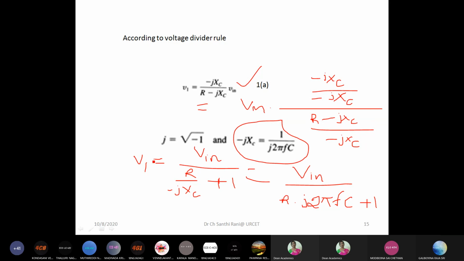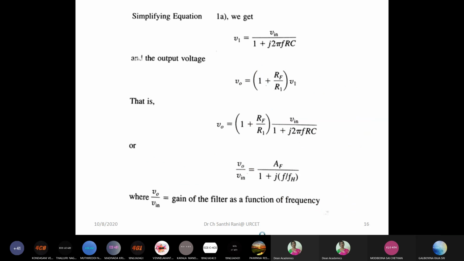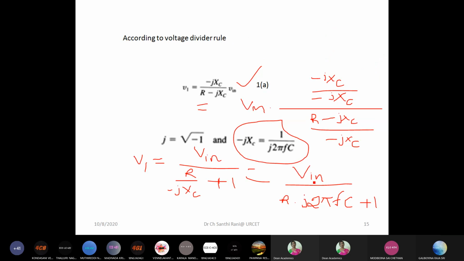So that means V1 is equal to Vin divided by 1 plus j2πfRC. That is what I have written in the next equation. So in the previous class, I asked you to do this part, right?